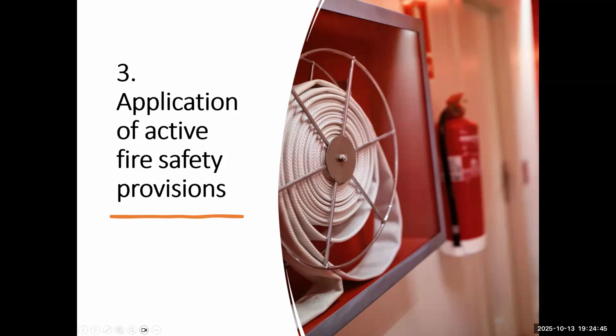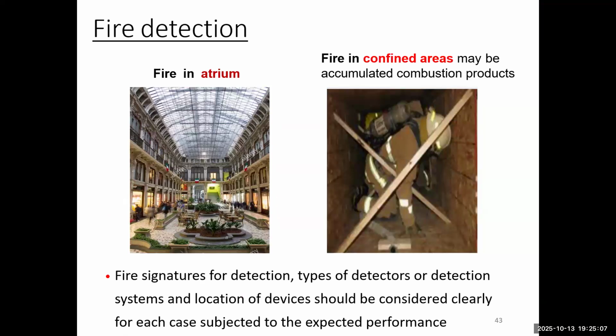Okay, so today for the application of the active fire safety provisions, we firstly need to know this kind of system. The system requires some triggered action to work, both automatically and manually. And this is for our fire detection. The choice of detection depends on the fire scenarios.